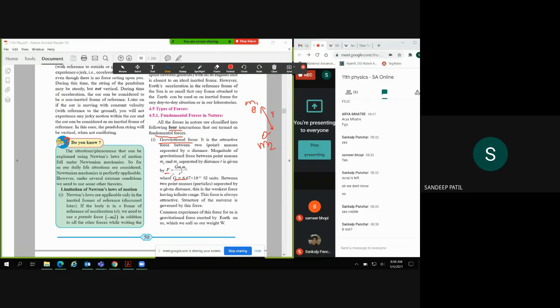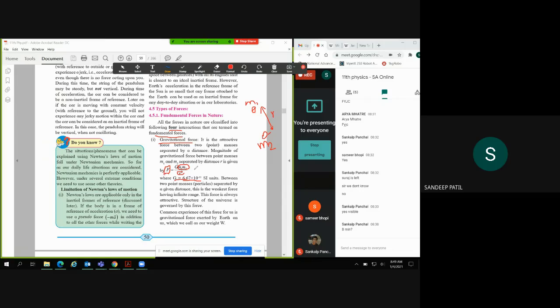So we can see that this gravitational force is not a strong force, right? We can see that from this number, 6.67 into 10 raised to minus 11. So we need very high mass and very small distance, then only we can say the force is really applicable, or we can calculate it.